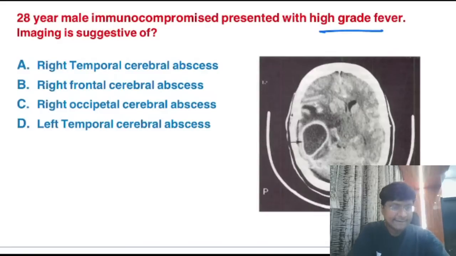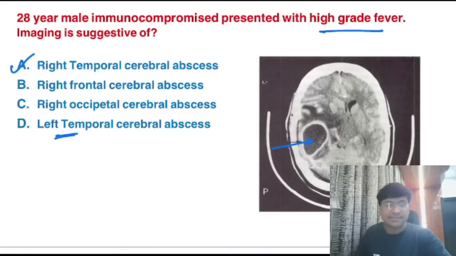So where exactly is the cerebral abscess being present? Right, so this is the temporal area. And which side temporal area? Right, which side temporal area? It is the right. It is not the left temporal abscess.